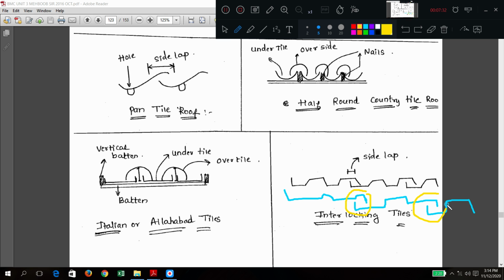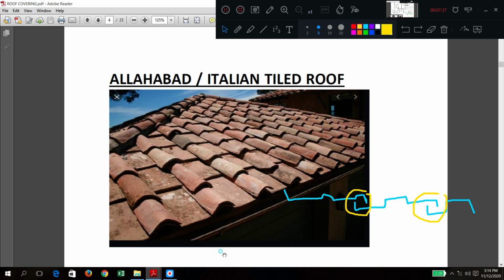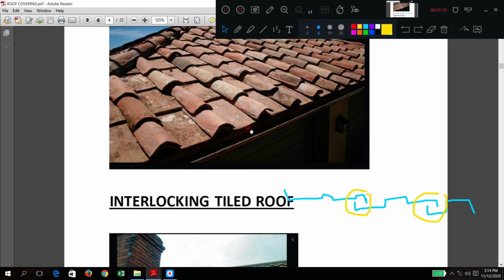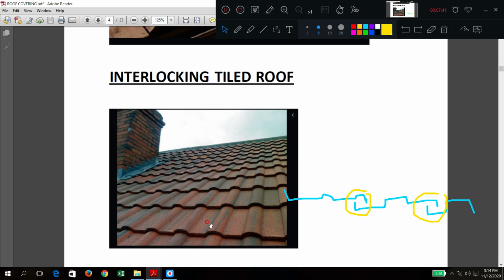How exactly will it appear inside? From here you generally don't see two different tiles, but when you see it closely, you will see interlocking. Inside there is interlocking. It is an interlocking tile.